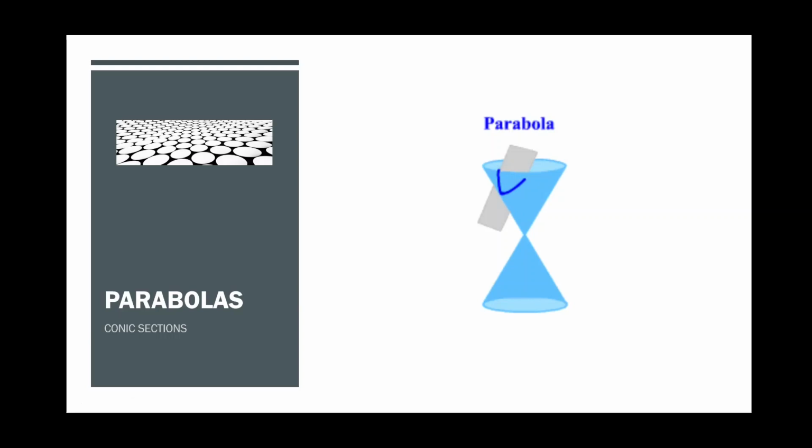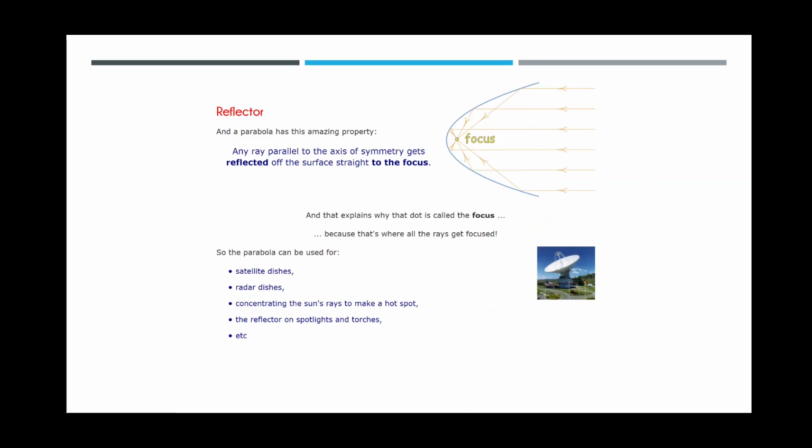You've studied parabolas in grade 10, but this time we're going to talk not just about vertically oriented parabolas facing up or down, but also about how parabolas can be facing left or right. Briefly, where this is used in real life: a parabola has an amazing property.